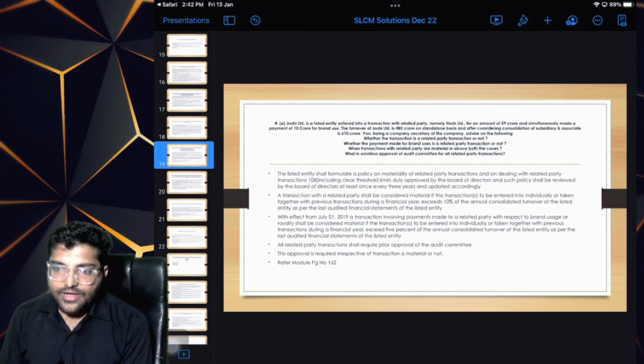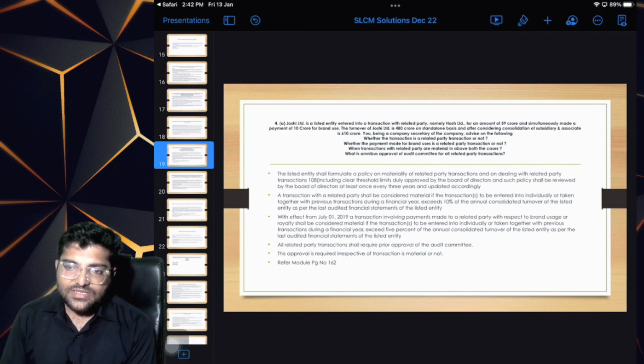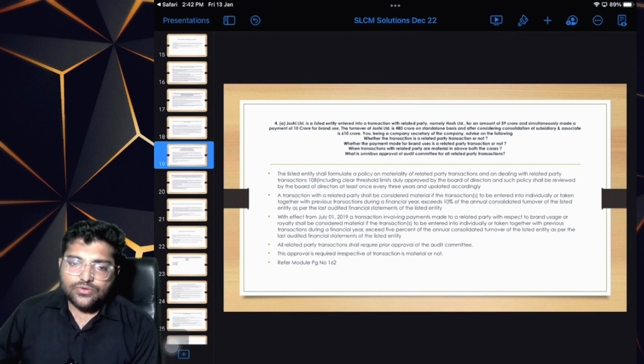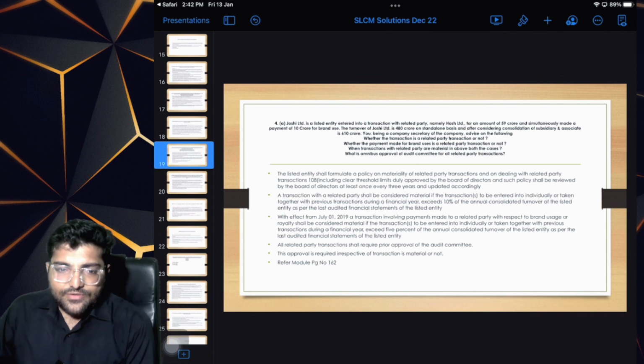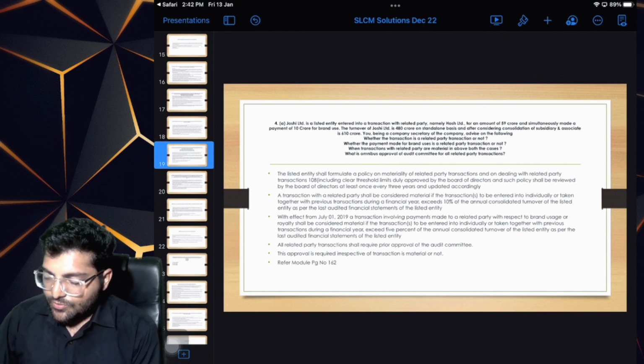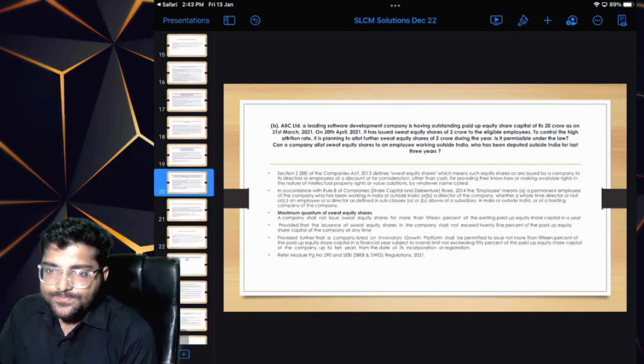And if you refer to module page number 162, it is specified there that there is a provision regarding the brand use as well. So yes, you need to refer there for the brand usage, and it will require the omnibus approval of the audit committee.